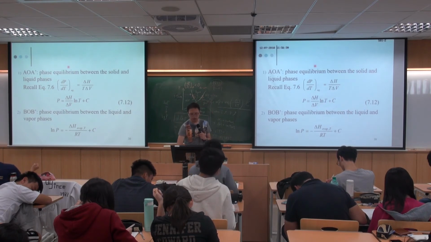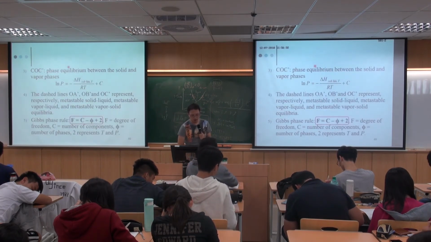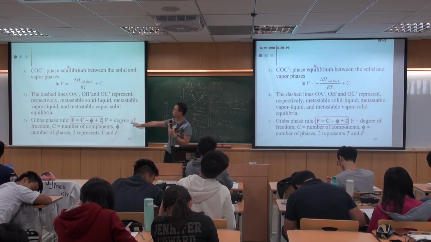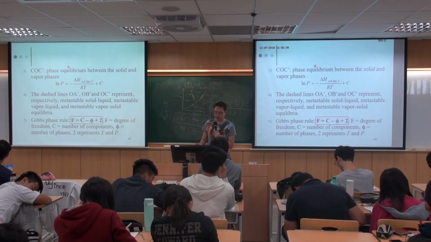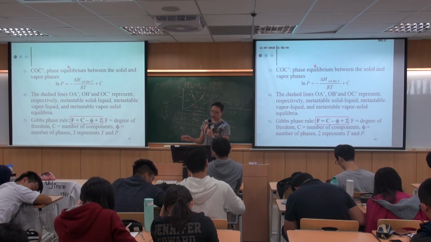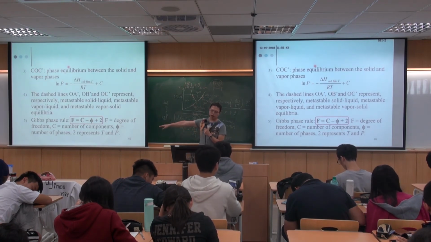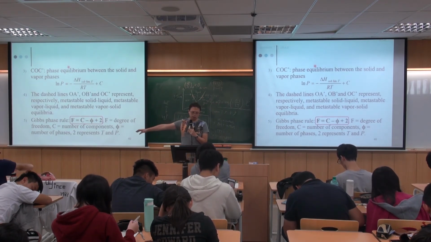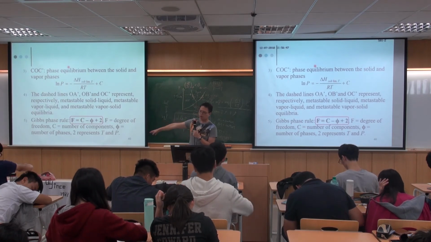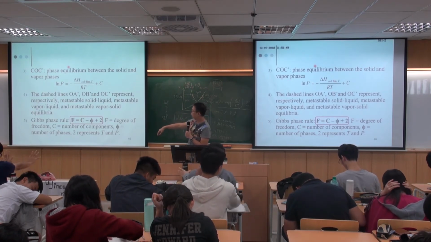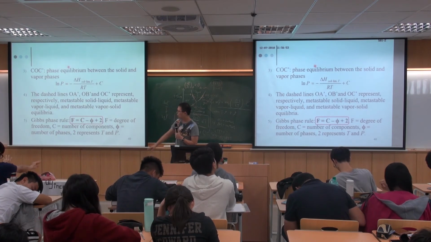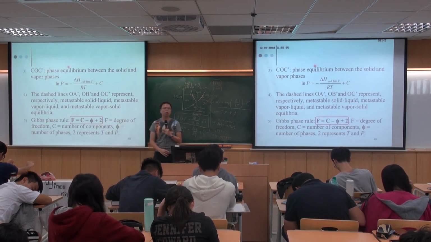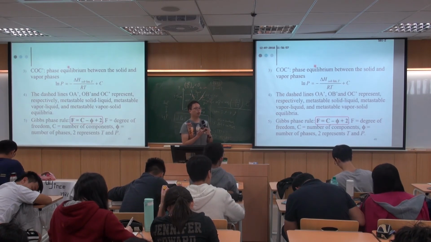So these are just the things that we've already mentioned. The most important thing is this Gibbs phase rule to describe what I just mentioned using words. The degree of freedom is represented by F over here, equal to the number of components minus the number of phases plus 2. The 2 over here is the original degrees of freedom, which are temperature and pressure.